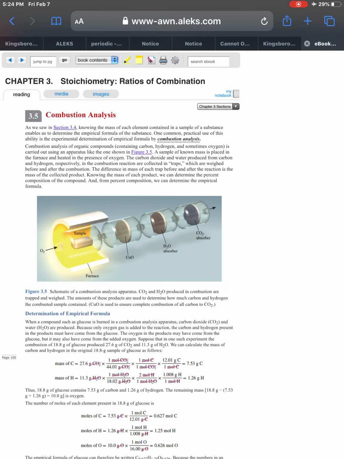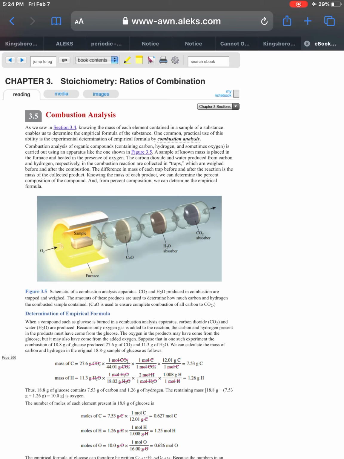You then combust it, and the water produced in the reaction is absorbed, and you weigh that. You weigh the little disc shown there, then after the water is absorbed, you weigh it again. The difference in those two masses tells you how much water was absorbed, which essentially tells you how much water was produced in the reaction.